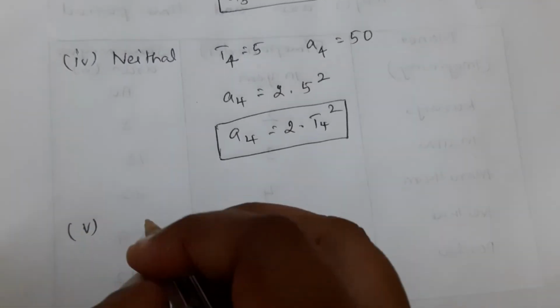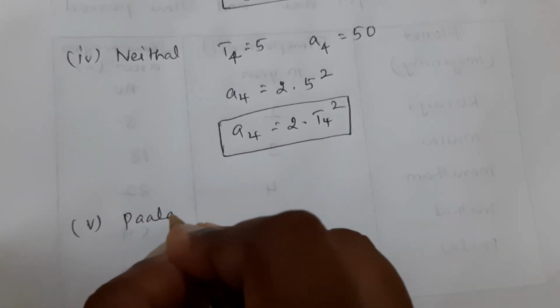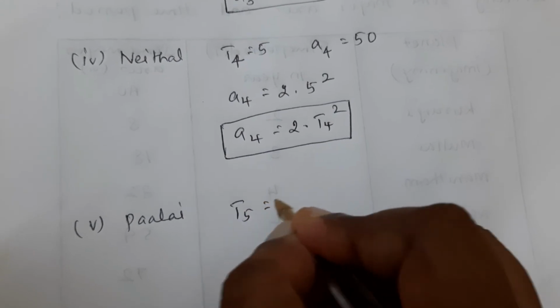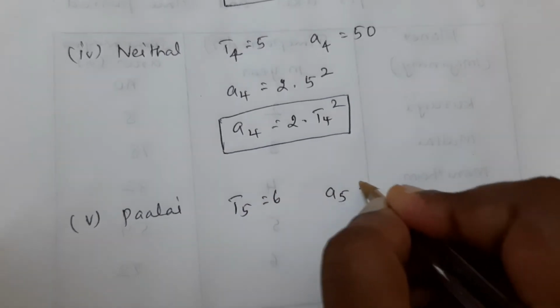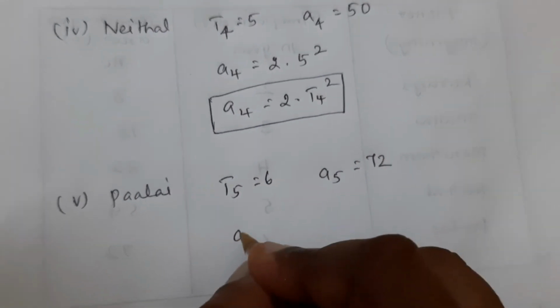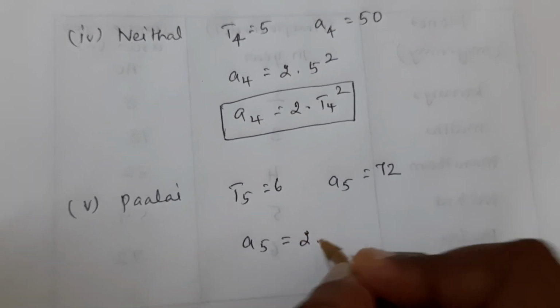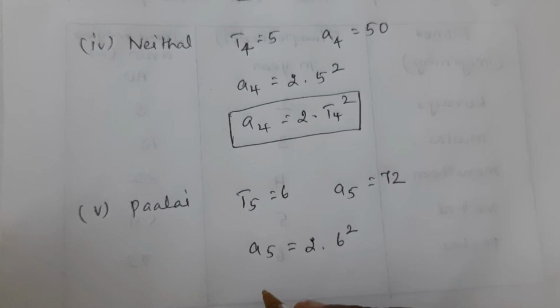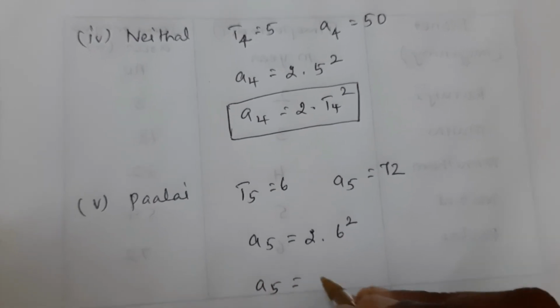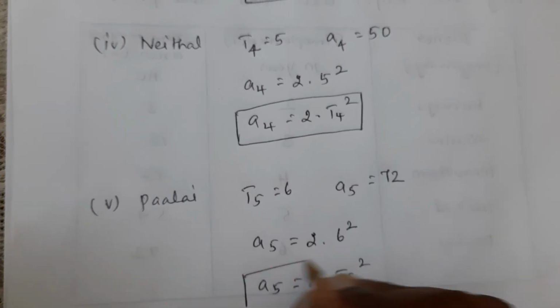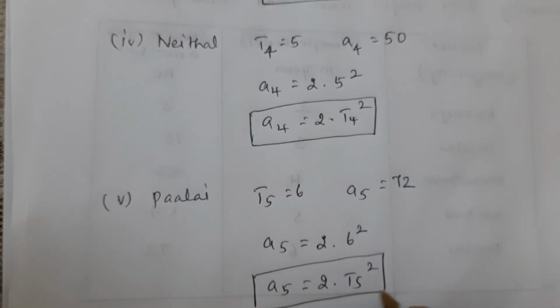And the last planet is Palai. Here T5 is equal to 6 and A5 is equal to 72. So A5 can be written as 2 times 6 square. So A5 is equal to 2 times T5 square. So we have got the relation.